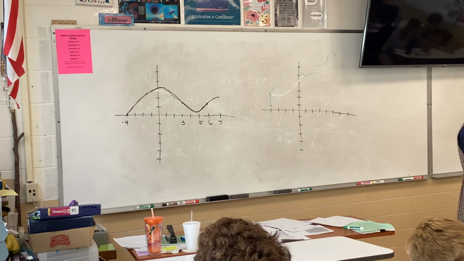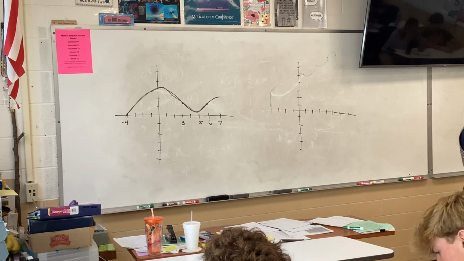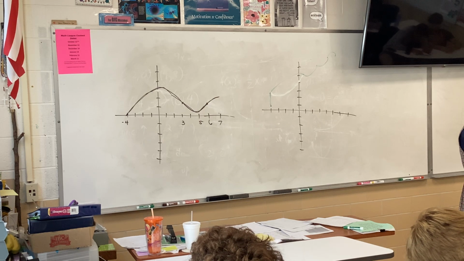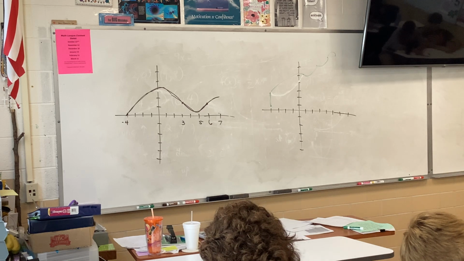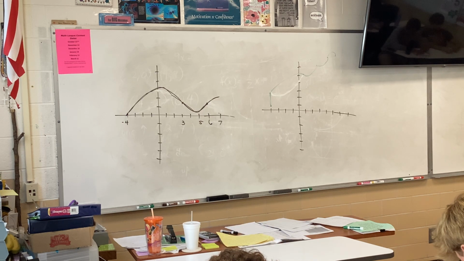On which time intervals is D decreasing? 55 to 75? And what does that mean? If D is decreasing, then what's going on? He's getting closer to home. He's on his way home.